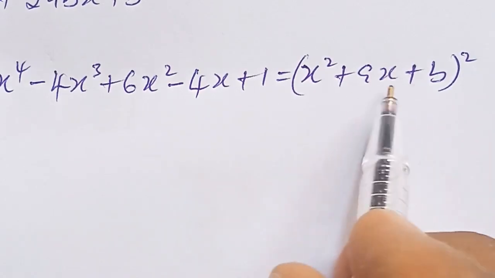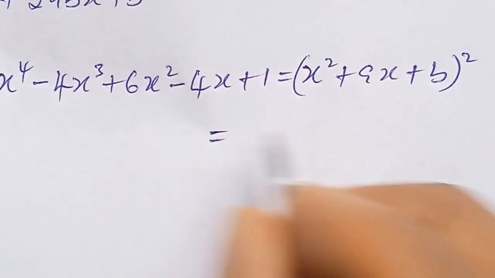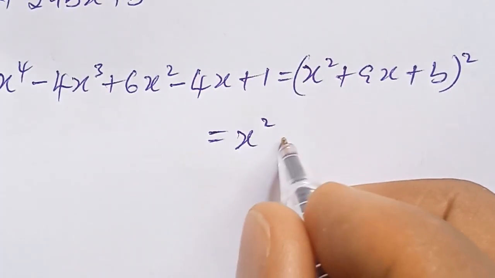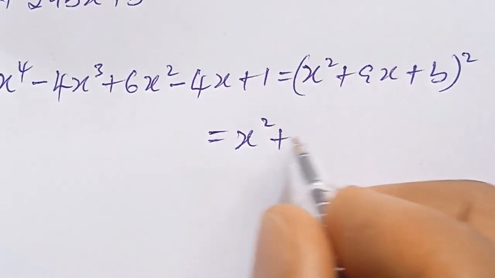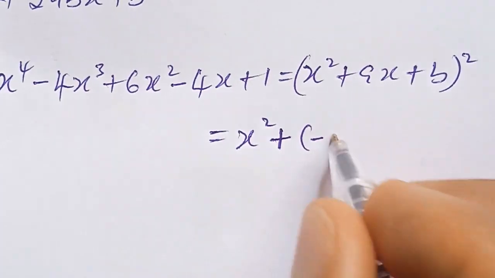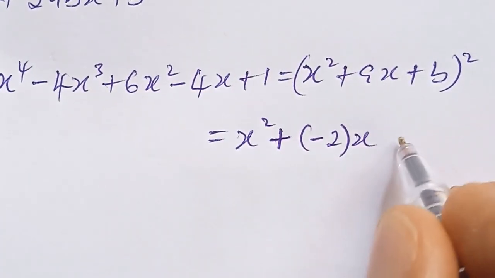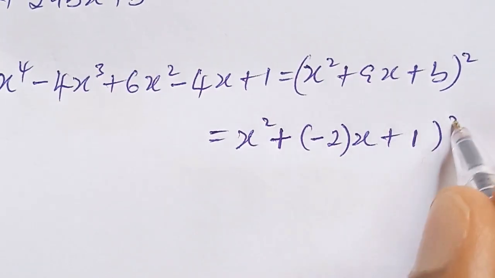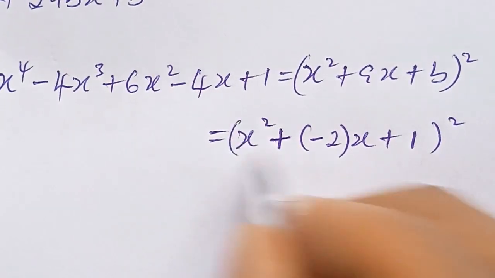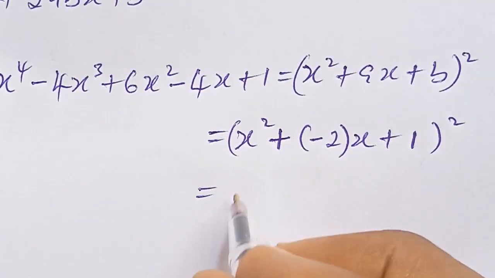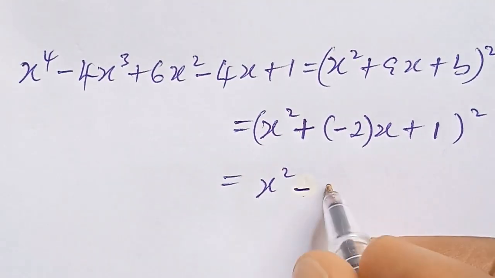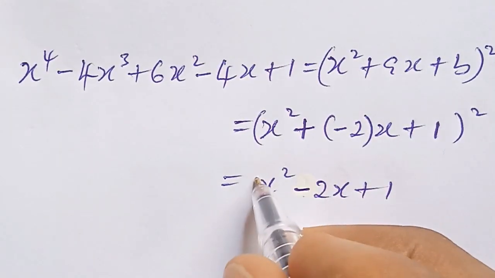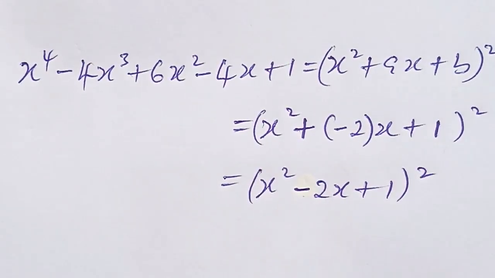So we are going to substitute these values over here, and this will give us x squared, and a is minus 2x, then plus b, which is 1. So this will now be written as (x squared minus 2x plus 1) squared.